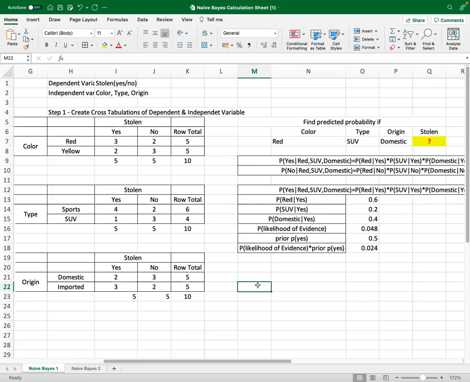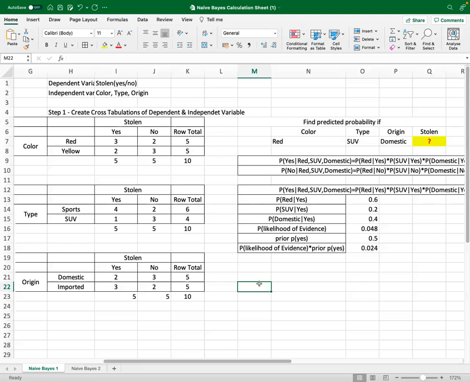Done. If you know probability of yes, how will you calculate probability of no? 1 minus probability of yes. We don't need to do the denominator. For both probability of yes and no, the denominator is the same, right? So why do you need to do it again? If you want, you can do it also.